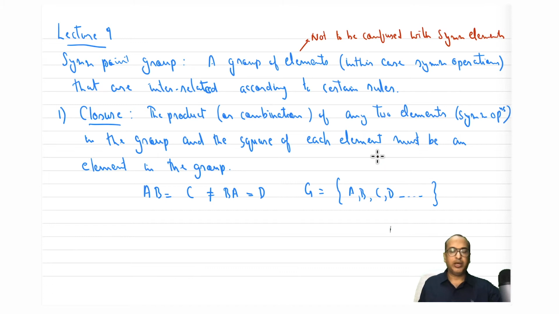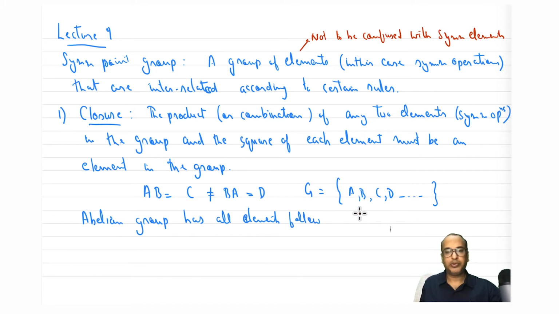There is one particular group called an abelian group. It has all members or all elements following the commutative property.